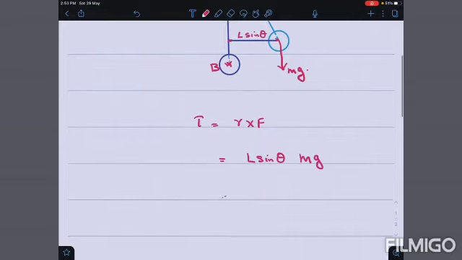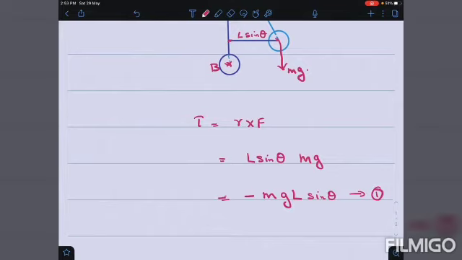Or we can write it in a better way as mg into L sine theta. How is it acting? Towards the equilibrium position, so you have to have a negative sign too. Let's put it as equation number 1.